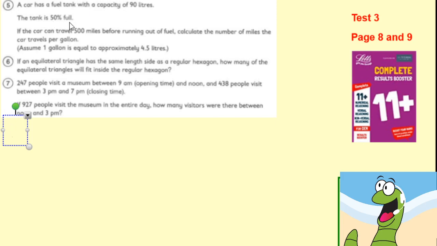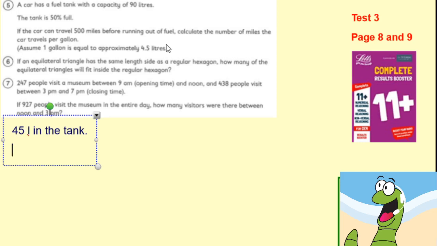The tank is 50% full, which means it has 45 litres in the tank. If the car can travel 500 miles before running out of fuel, calculate the number of miles the car travels per gallon. 1 gallon is approximately 4.55 litres.